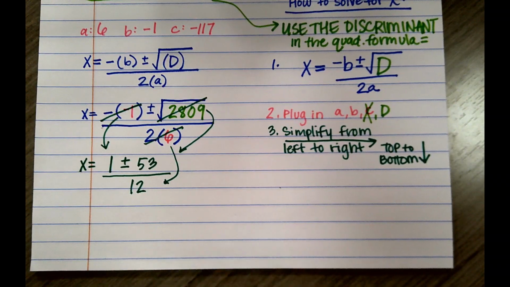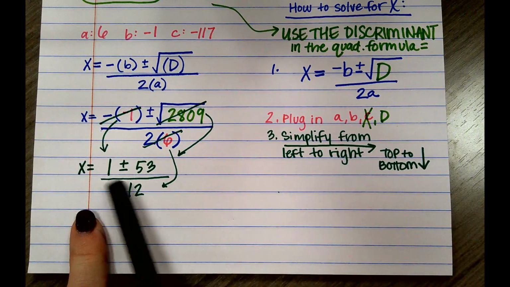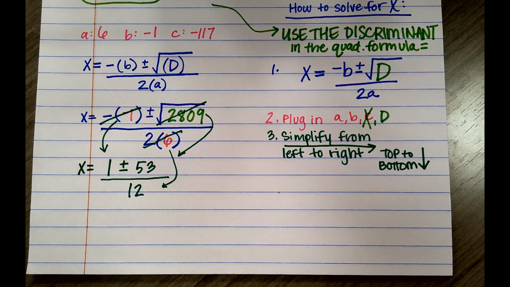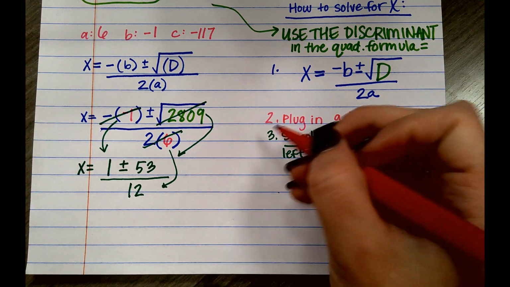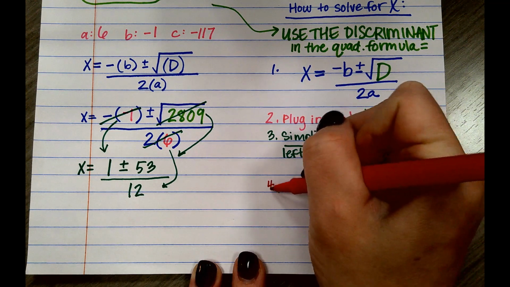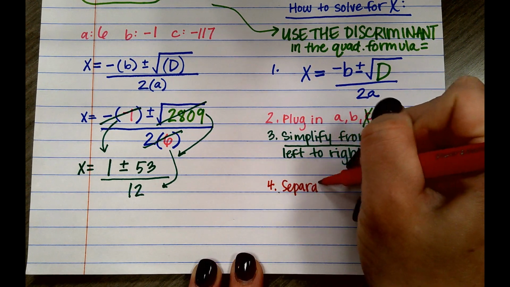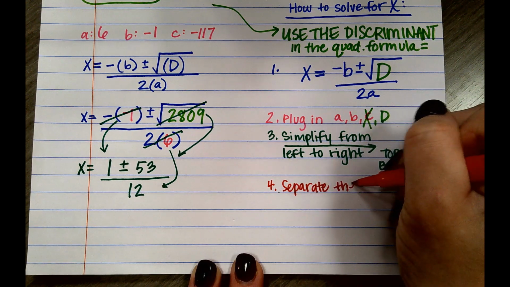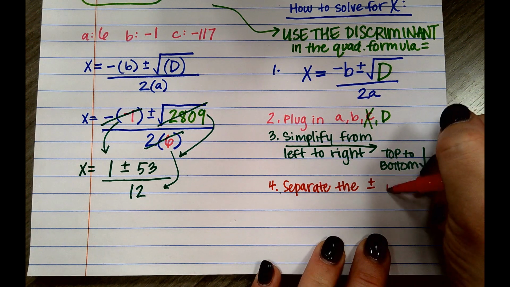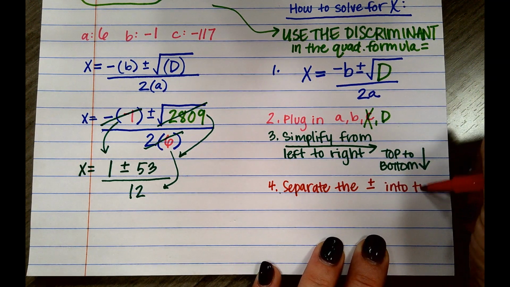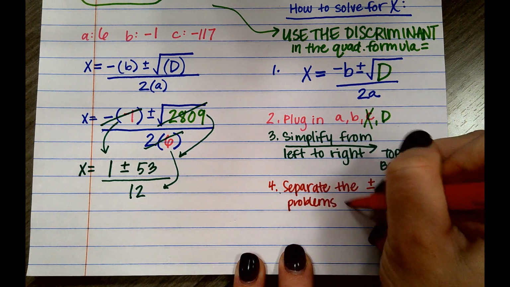Alright, so now we have simplified all of our operations except this plus or minus. So step 4 here is going to be separate the plus or minus into 2 problems, and solve.